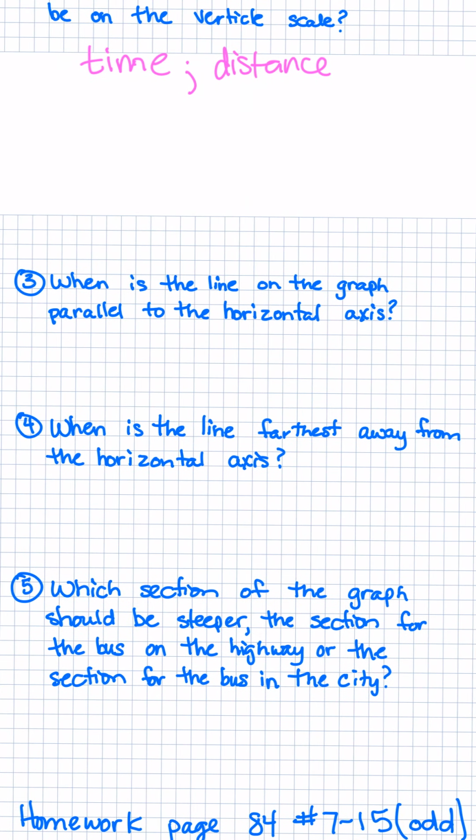When is the line on the graph parallel to the horizontal axis? So let's kind of draw this out so we can get an idea. So we're creating a graph that looks like this. This is going to be the time down here. So 0, 5, 10. We don't have the data to actually fill this out, but just so that you kind of get it.